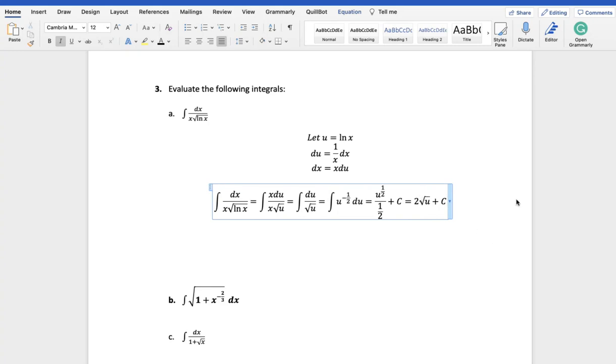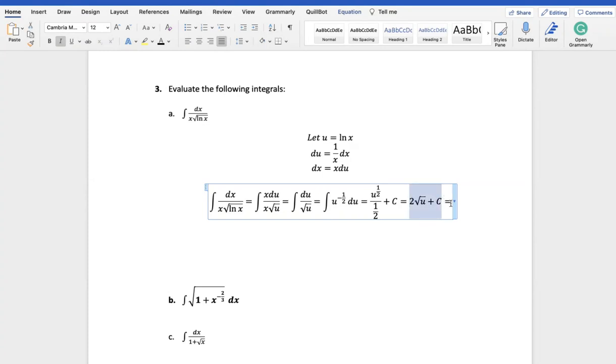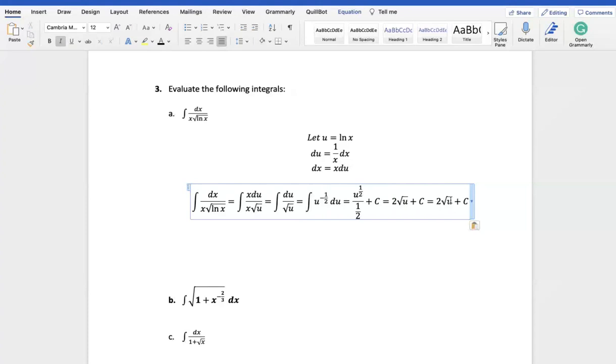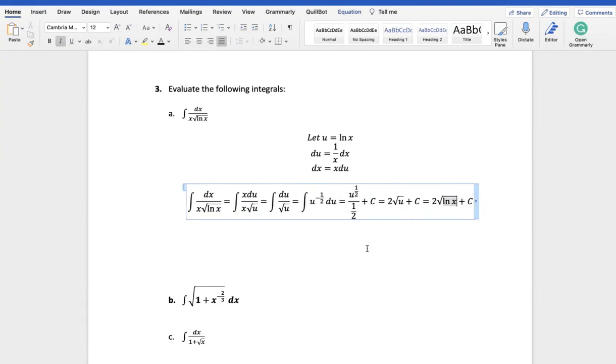And your original u substitution was u is equal to ln x, so you just plug that back into the equation there. And this is what you get.